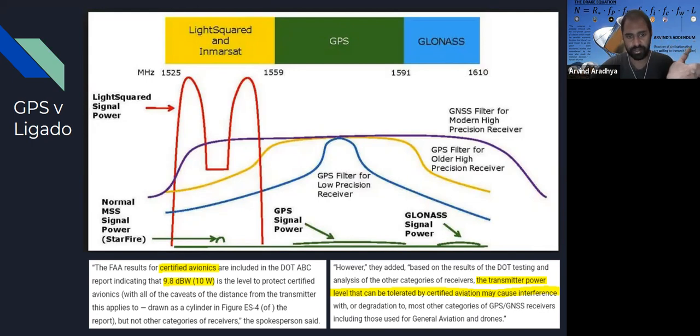There are too many products out there. So by necessity, the FAA defines an interference power for avionics and says it should be certified to withstand that particular level of interference. But then you have problems when you move that over to some other system, because whatever can be tolerated by aircraft may not be tolerated by something else.